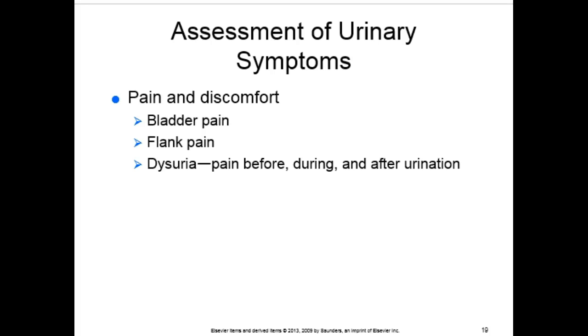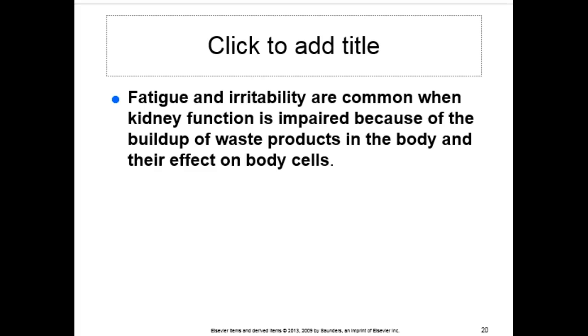And then dysuria is the pain that's caused by inflammation in either the bladder or the urethra and occurs with urination. It's often described as burning and can range from mild to severe. Fatigue and irritability are often common when kidney function is impaired because of the buildup of waste products in the body and their effect on body cells.